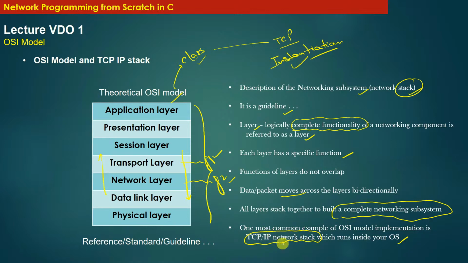Note that the TCP/IP network stack is the most commonly used networking stack, implemented in almost all operating systems. 99.9% of the machines in the world run the TCP/IP stack. So the TCP/IP stack is a part of the operating system.